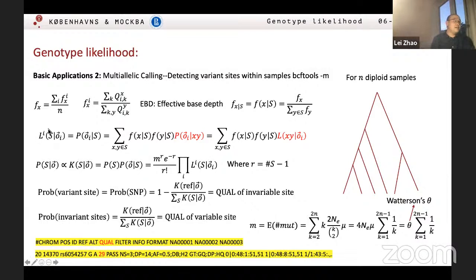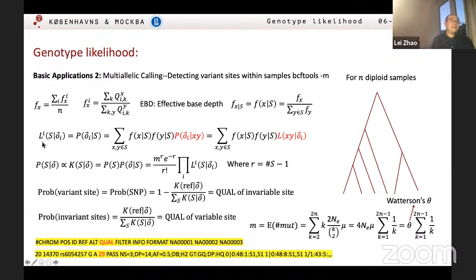So when we calculate the likelihood of the subset of the total nucleotide sites based on the observations, it looks like this. For this part, it is our genotype likelihood for one individual, right? And this part is the conditional frequency we calculate from this evolutionary subset.